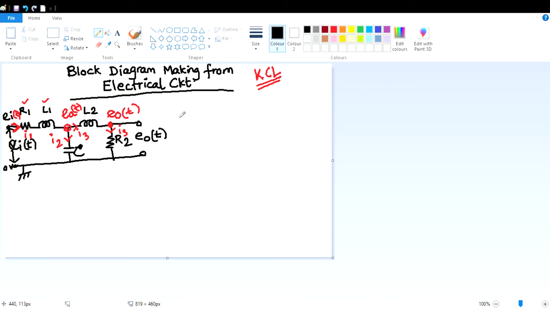So I can write that EI(t) minus EA(t) will be equal to I1 into R1 plus L1 dI1/dt. So this is my first equation.